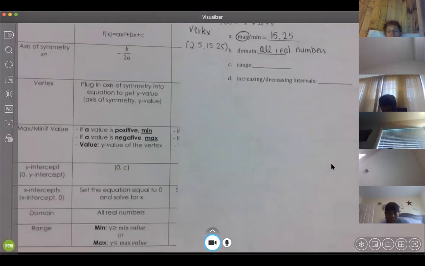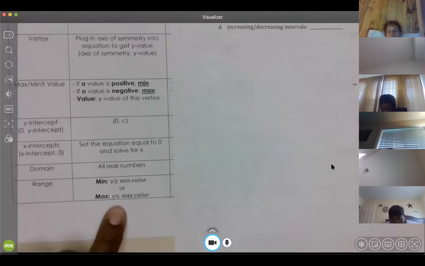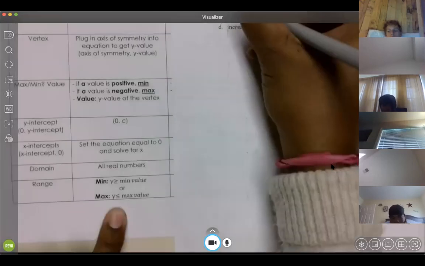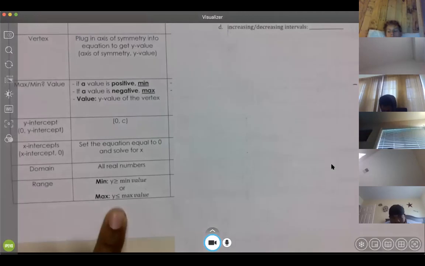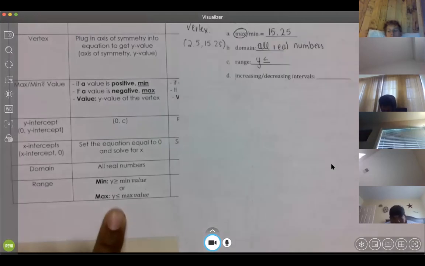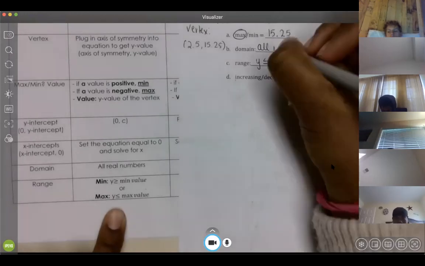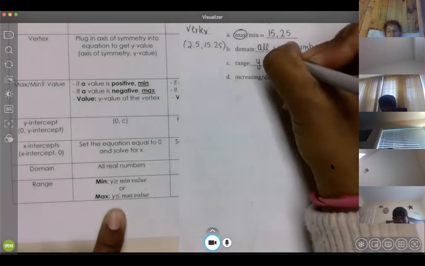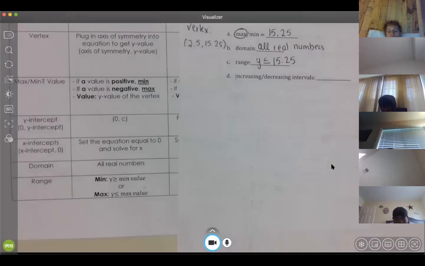Did we say maximum or minimum? Maximum, so then we have to follow this. So y is less than or equal to. What did we say the maximum value was, Tyler? Is that the 15.25 one? So y is less than or equal to 15.25.